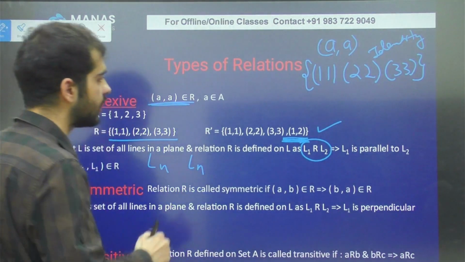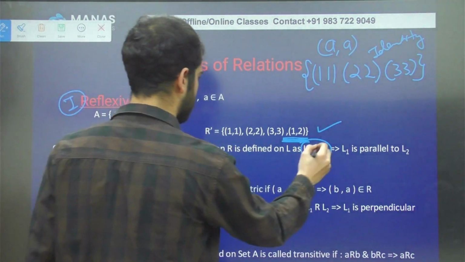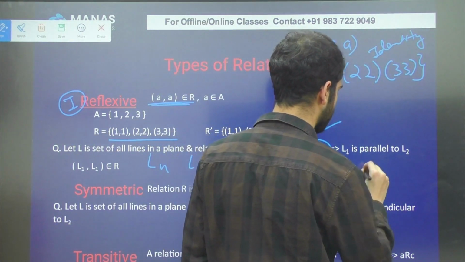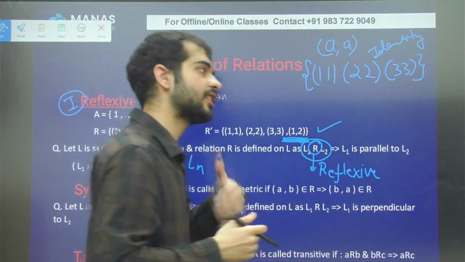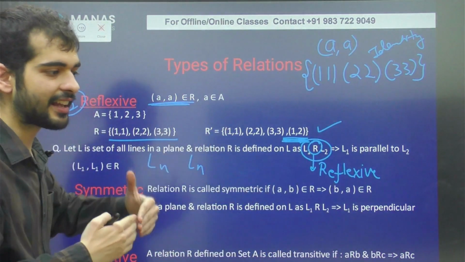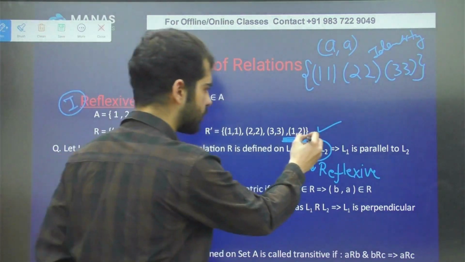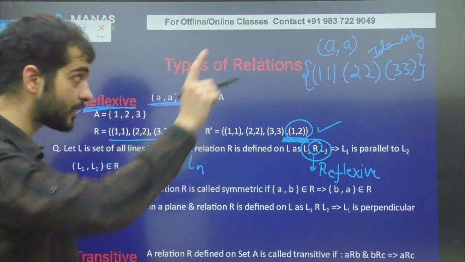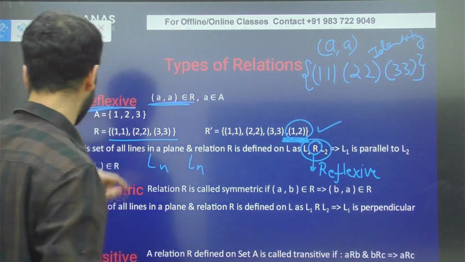So we can say that this relation R is reflexive because it will constitute of all the lines as they are parallel to themselves, and even if any line is parallel to some other line, let's say L1 is parallel to L5, even that will be included, and that is also all right for the reflexive case. It won't be an identity relation, but it will be reflexive.